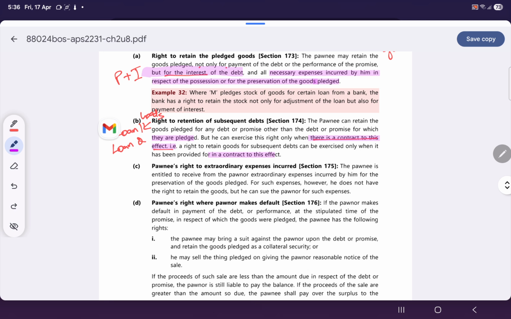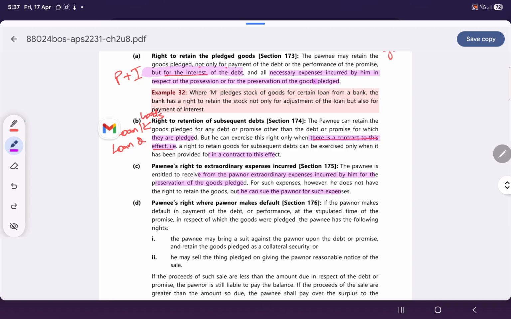Pawnee's right to extraordinary expenses incurred. When the pawnee has incurred some extraordinary expenses for the preservation of the goods pledged, he is entitled to receive them from the pawner. For such expenses, however, he does not have the right to retain the goods, but he can sue the pawner for such expenses.